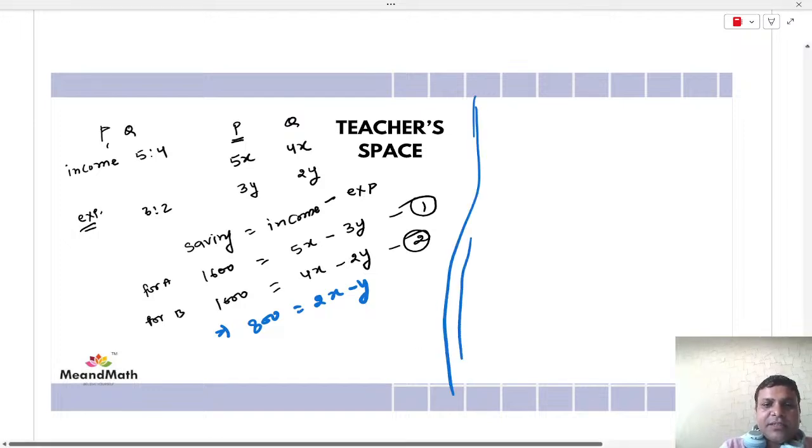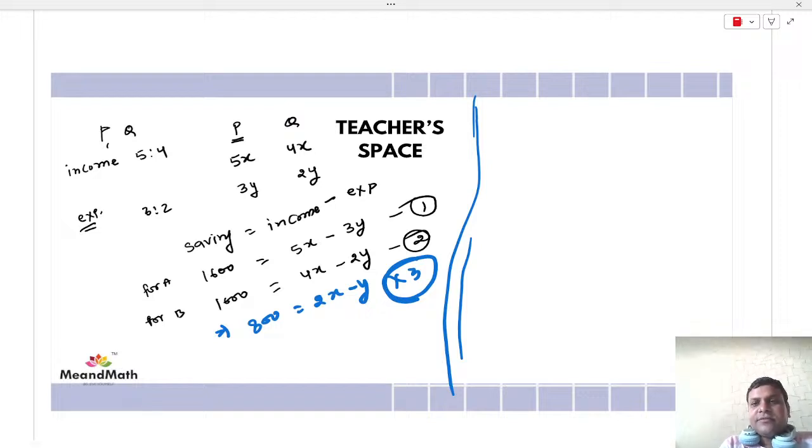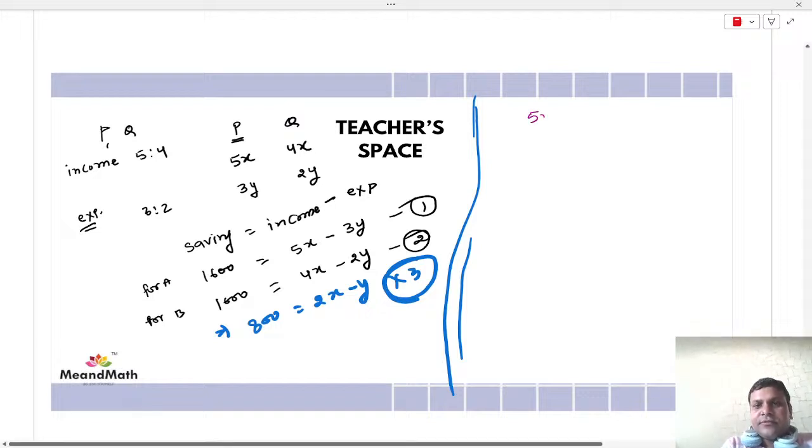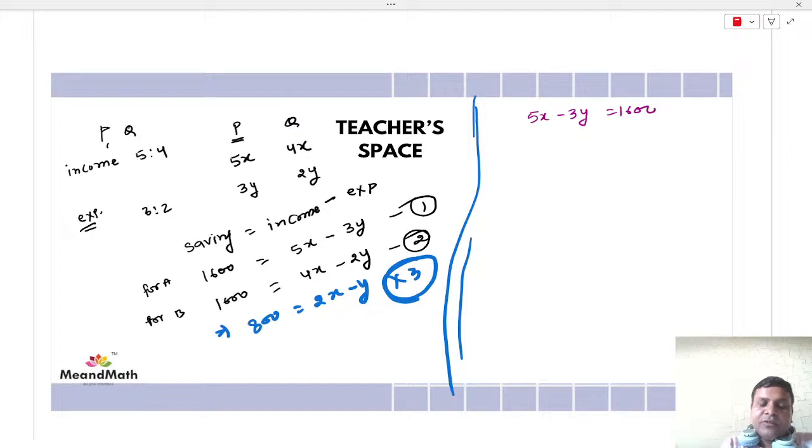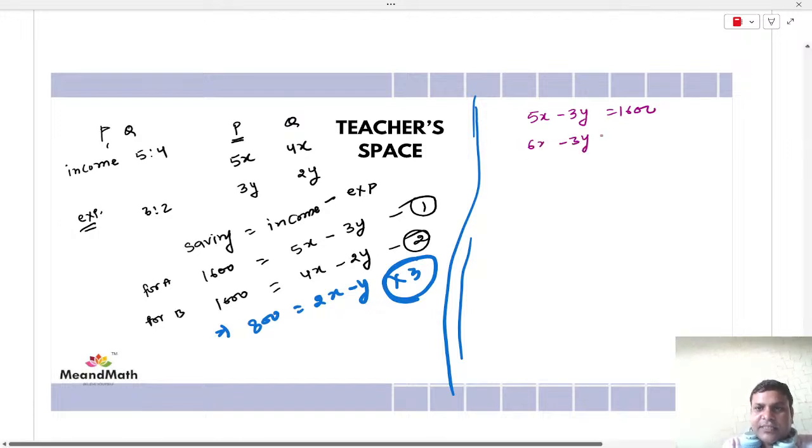The first equation is 5x minus 3y is equal to 1600. For the second, we are going to multiply by 3, so 6x minus 3y is equal to 2400.